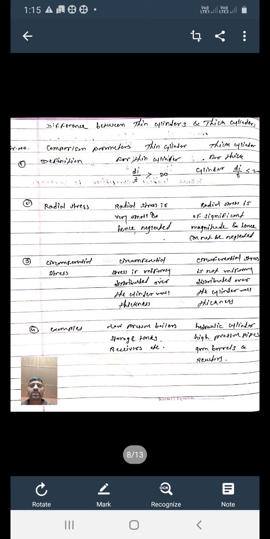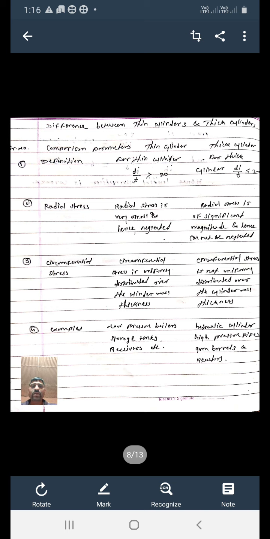Then the third parameter is circumferential stress. Circumferential stress is uniformly distributed over the cylinder wall thickness, as we have already seen in the thin cylinder. In the thick cylinder, circumferential stress is not uniformly distributed over the cylinder wall thickness.